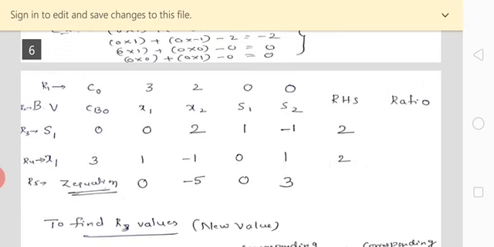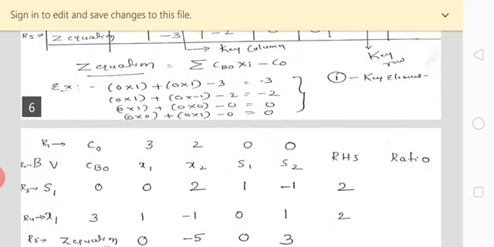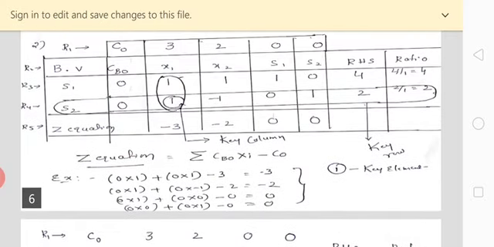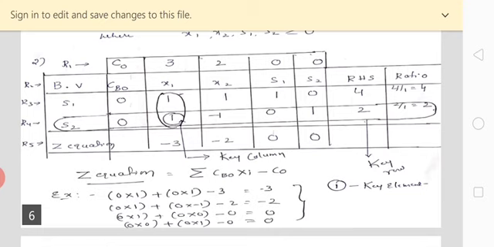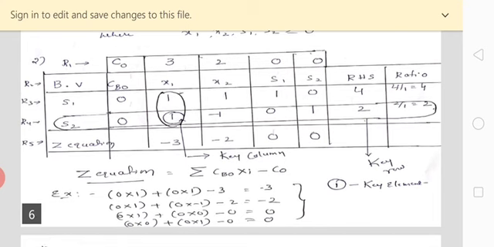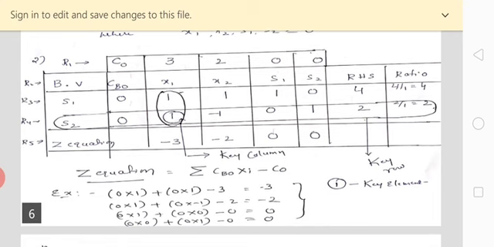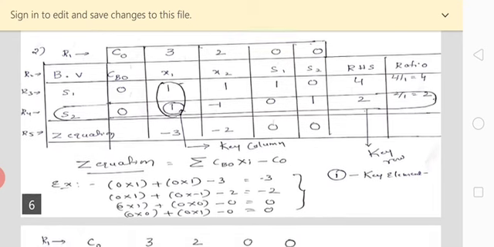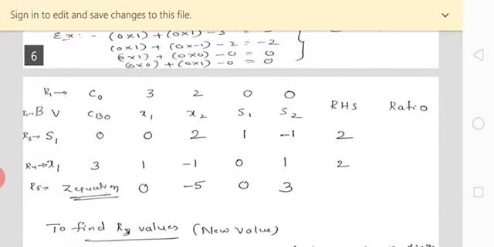To find the values of R3, see here: for calculating the entering row it is very easy. What you have to do is select the key element, and that key element is divided into all the row values; that becomes the entering row values. But for calculating the further rows, for example R3 values, we have a separate formula. How did I get the values of R3?